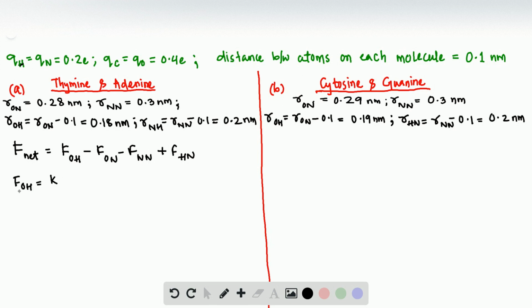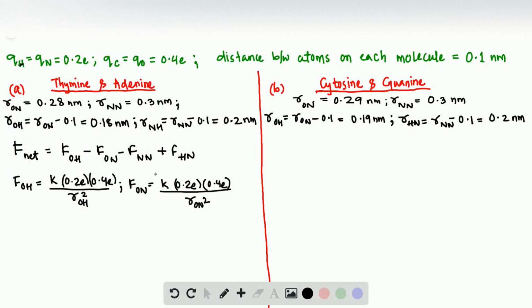FOH is K times charge of O times charge of H, which is 0.2 e times 0.4 e over ROH square. FON will be K times 0.2 e times 0.4 e over RON square.